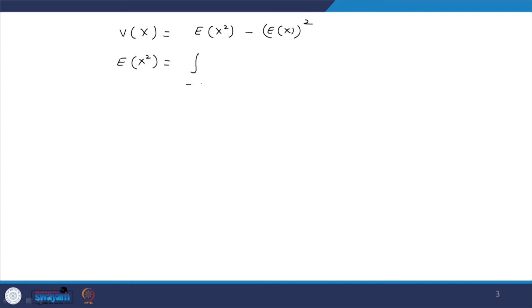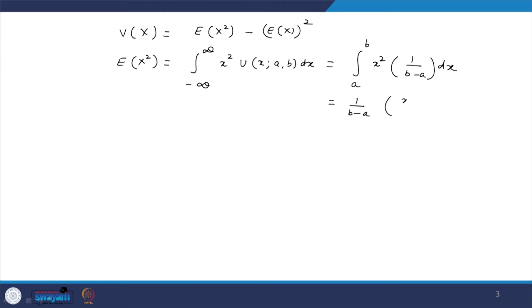It is the integral from minus infinity to plus infinity of x square times U(x; a, b), which is equal to the integral from a to b of x square times 1 upon b minus a dx, which is further equal to 1 upon b minus a times x cube upon 3 from a to b, which is equal to 1 upon 3 times b minus a into b cube minus a cube.